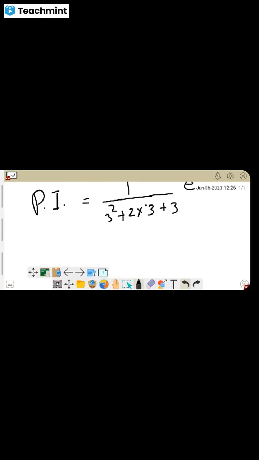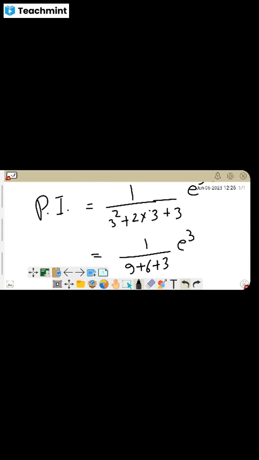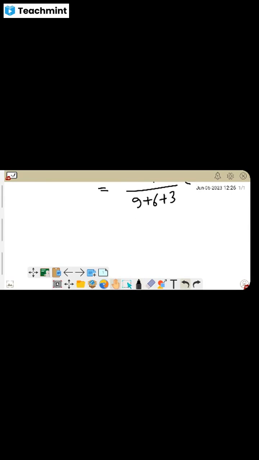Let us simplify it: 9 plus 6 plus 3, and into e to the power 3x. We have PI 1 upon 18 into e to the power 3x. And this is the answer.